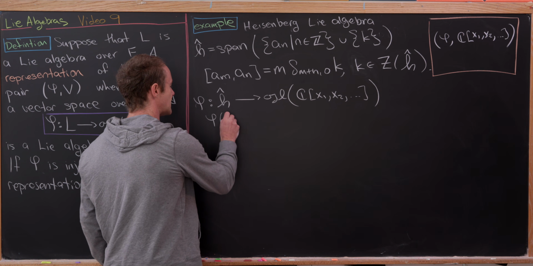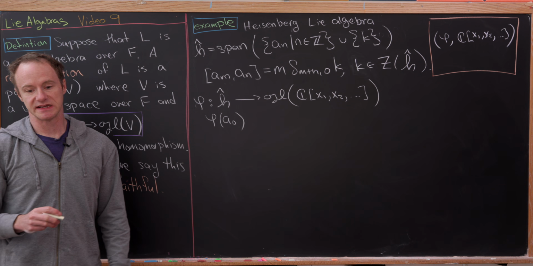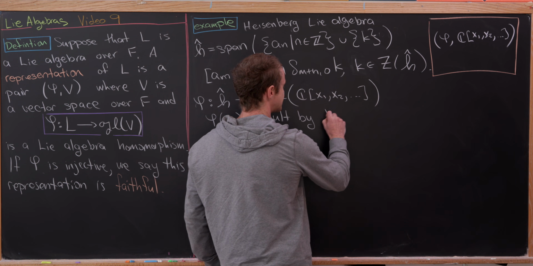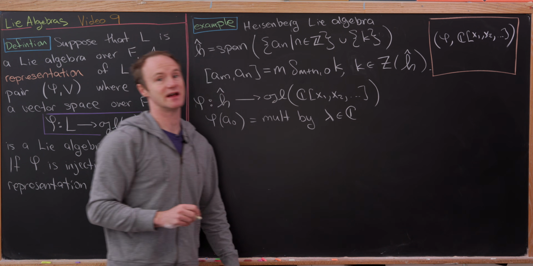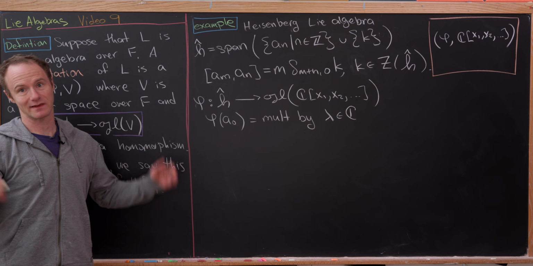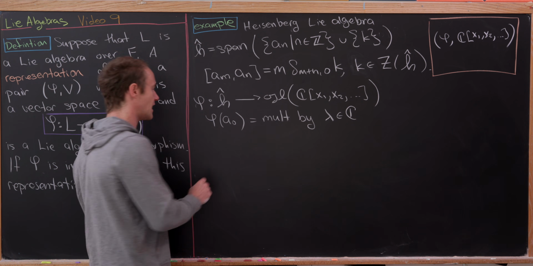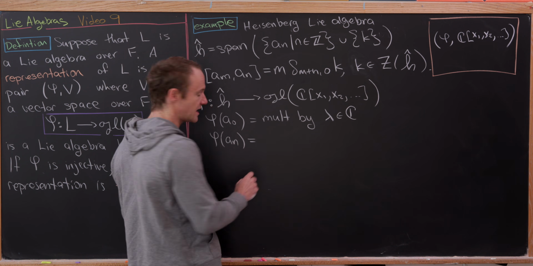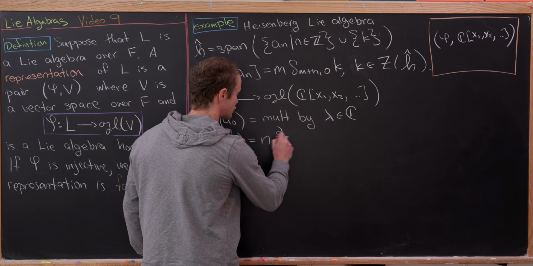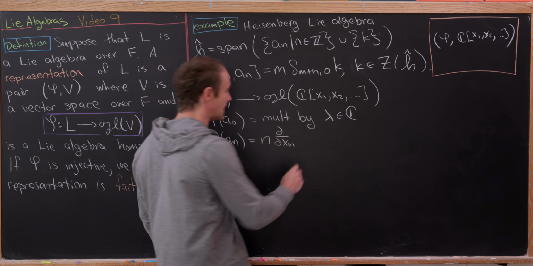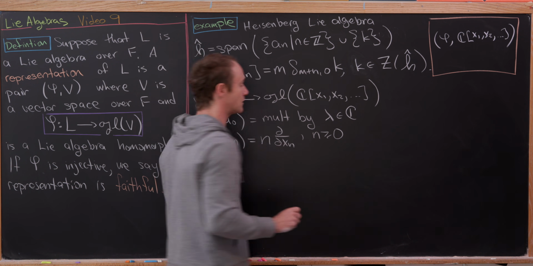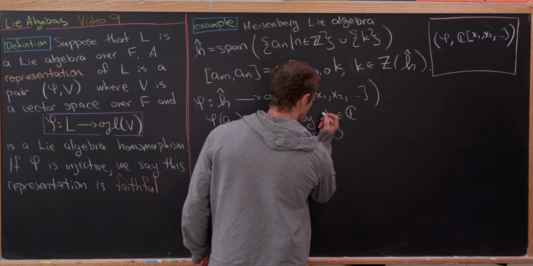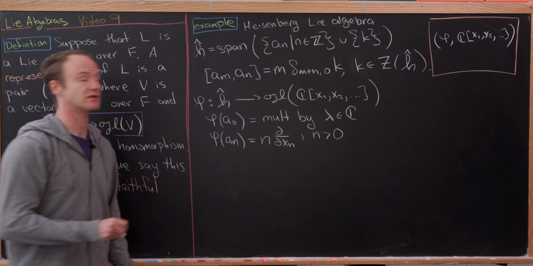So here's how we'll do it. We'll say that phi of a_0 is just equal to multiplication by some number lambda, which is inside of C. So it's that linear transformation. And then we'll say that phi of a_n is equal to n times the partial with respect to x_n in the case that n is strictly bigger than 0.